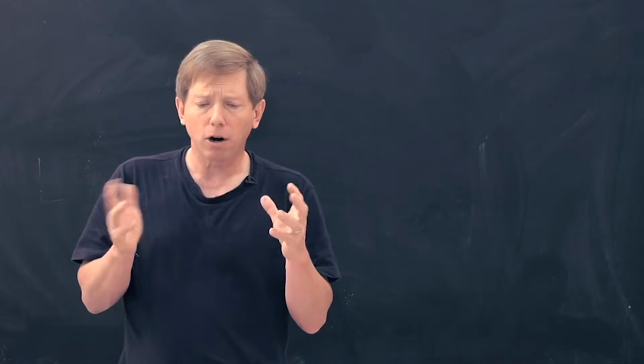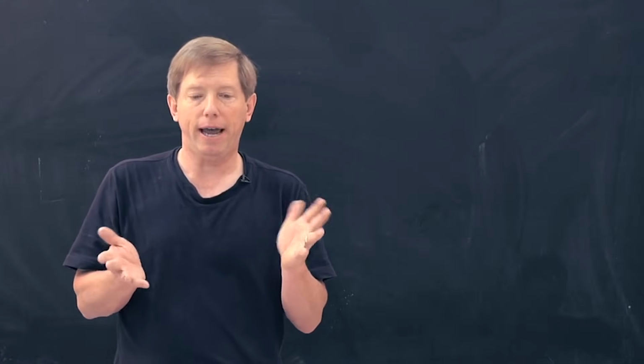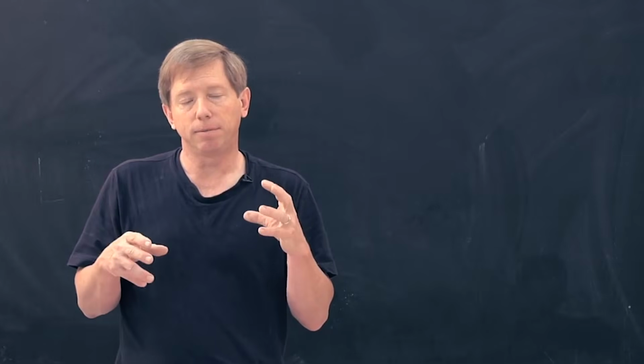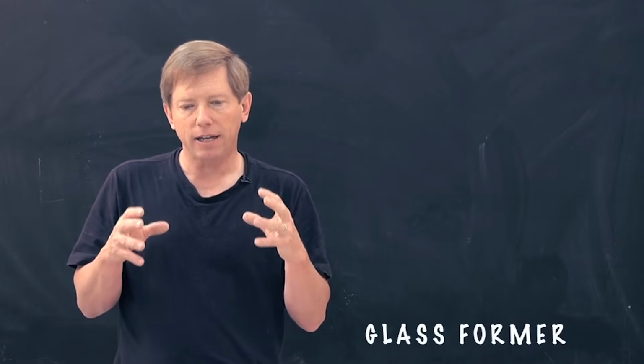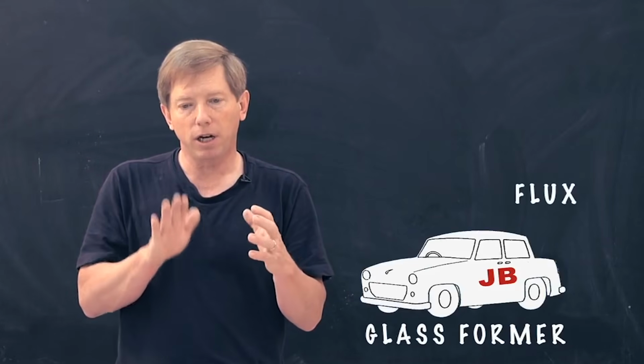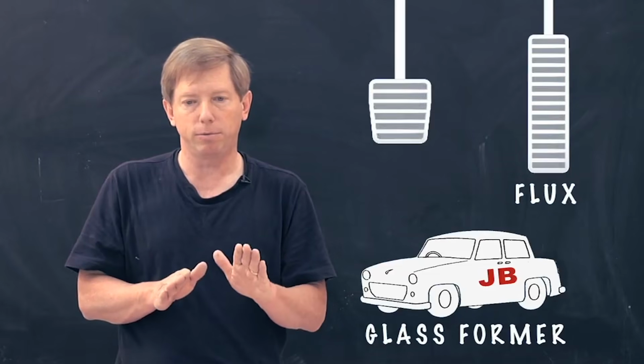The way I like to think about this, in a little less scientific way, in my own mind, is that a glaze is like a car. You can make a car go fast or slow by hitting the brake or the gas. The same way with a glaze, but in this case, the glass former is the car, the flux is the gas pedal, and the brake is the refractory.